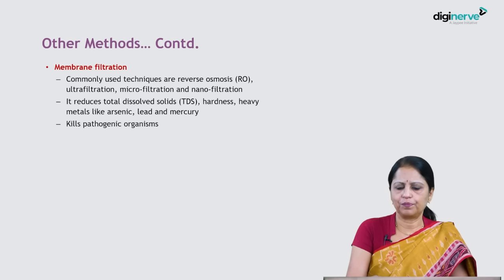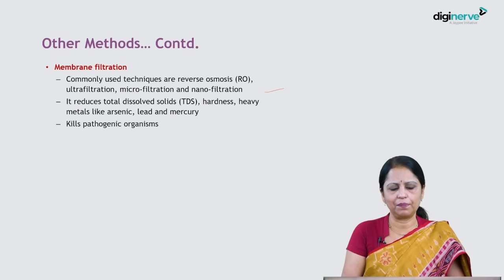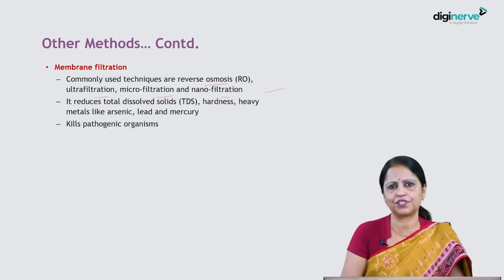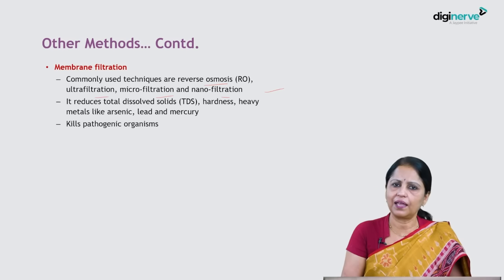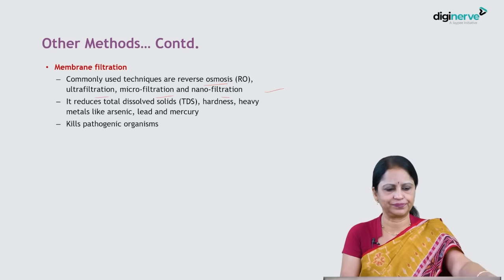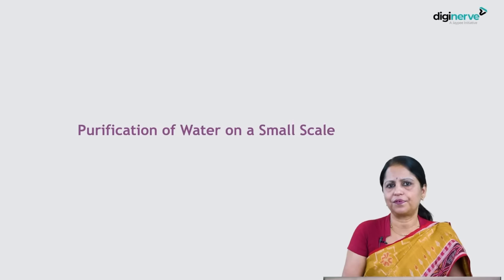Then there is the process of filtration that can be done by various techniques: reverse osmosis, ultrafiltration, nanofiltration, microfiltration, etc. And they are very effective in removing all impurities and killing bacteria. So with this, we come to the end of the purification process for large scale provision of water.